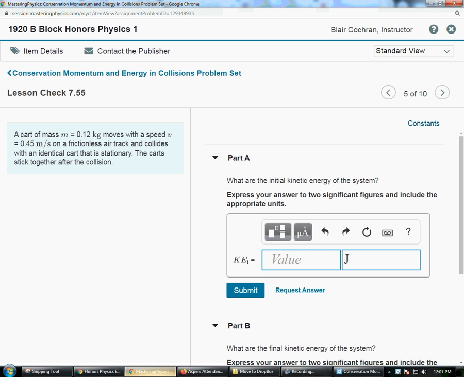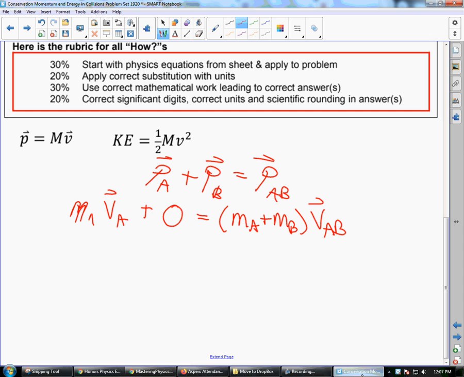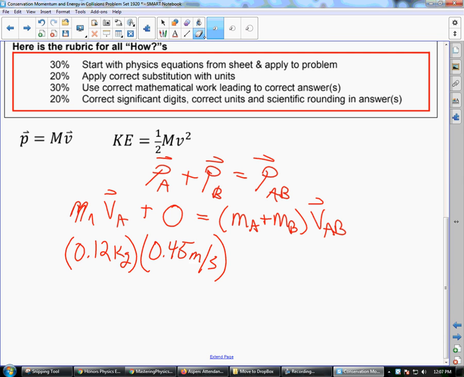0.12, identical cart, 0.45. So this is 0.12 kilograms, moving at 0.45 meters per second, equals 0.12 kilograms plus 0.12 kilograms.